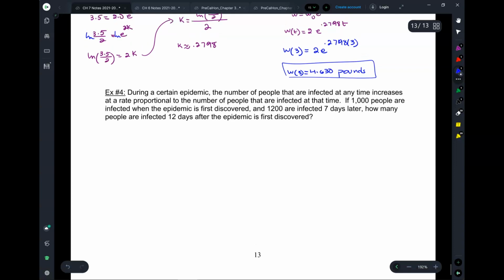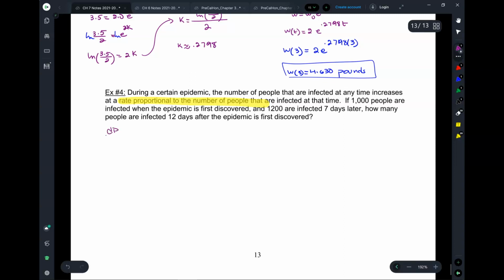Okay, so during a certain epidemic, the number of people that are infected at any time increases at a rate proportional to the number of people that are infected. Do you see that? The magic words. So here's where you decide what variables you're going to use. I want to use capital P of t for population, right?